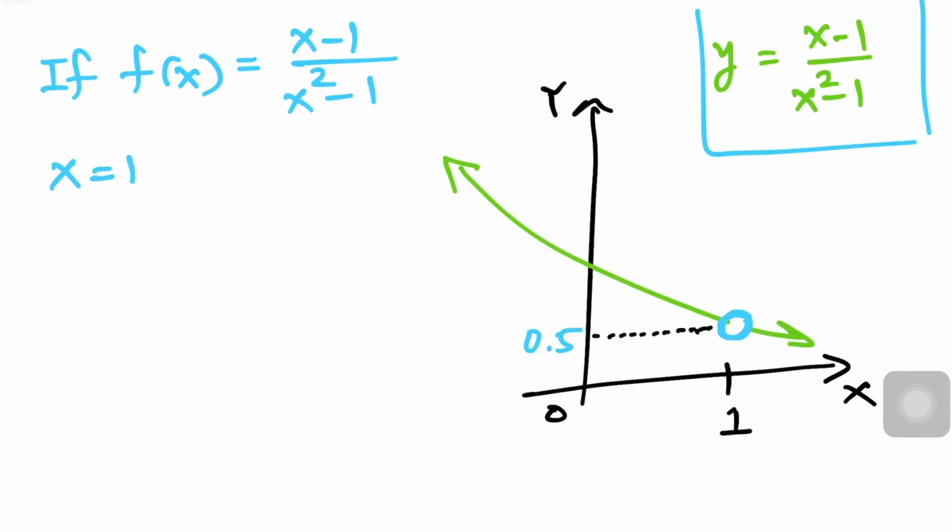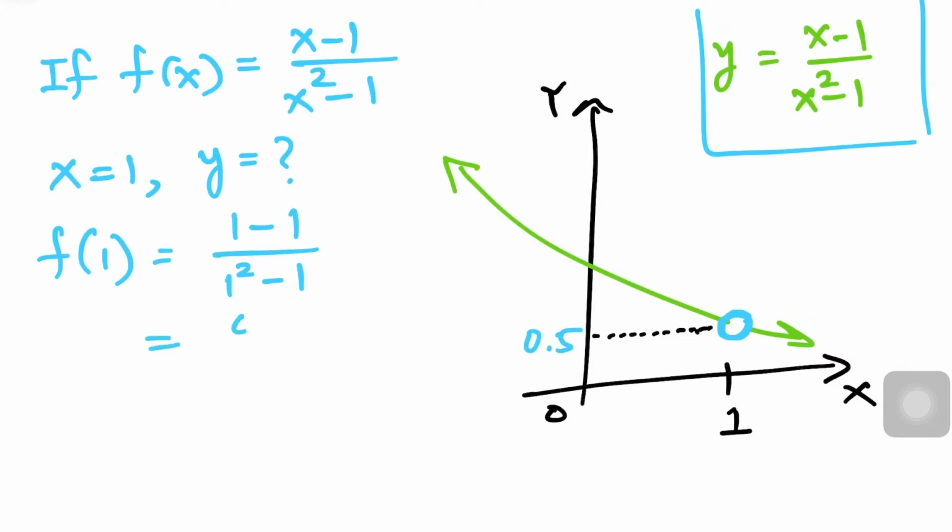If someone asks me, for this specific function, if x is equal to 1, what's going to be the y value? Okay, so what's going to be the y value? So f of 1 is going to be 1 minus 1 divided by 1 square minus 1. So that's just going to be 0 over 0, okay, which is undefined, okay.